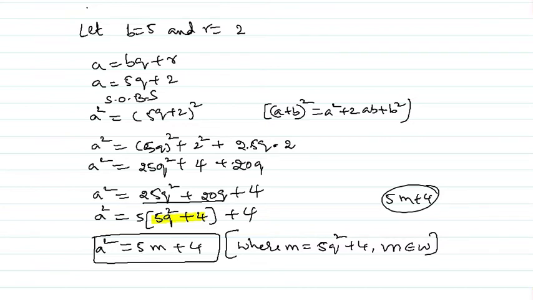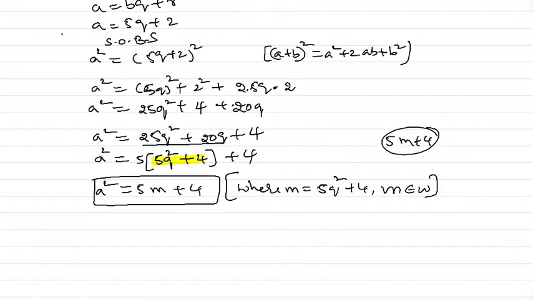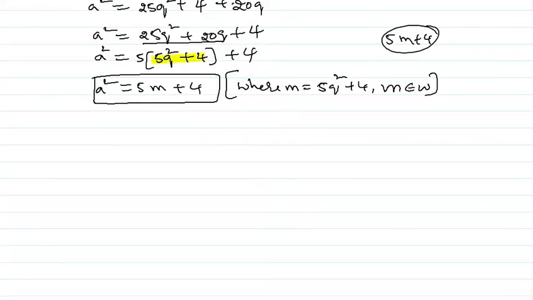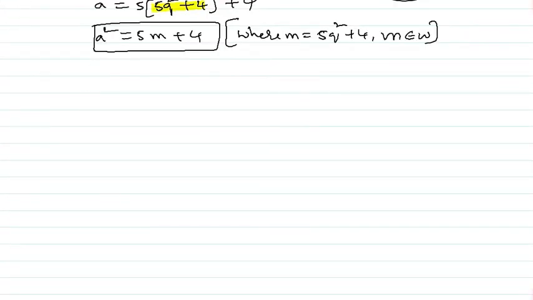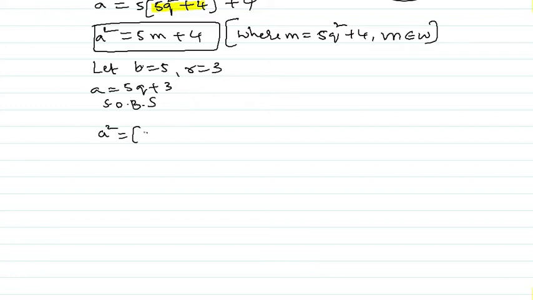Now again take r is equal to 3 and b is equal to 5. Now the division algorithm will become a is equal to 5q plus 3. Now squaring on both sides, then it will become a square is equal to 5q plus 3 whole square.